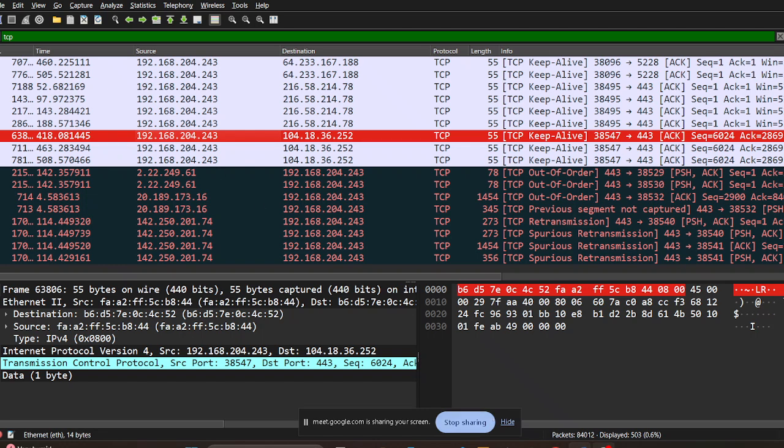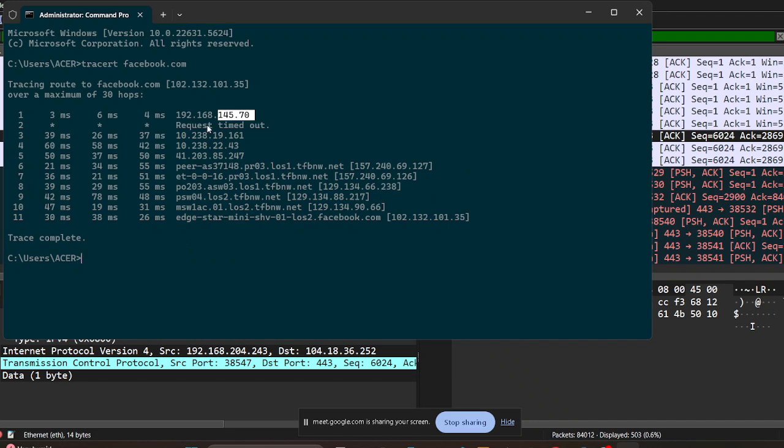Let me use today's IP address. So you can have 192.168.145.70, right? You can also have 192.168.146.70. So only this one can change for different people.